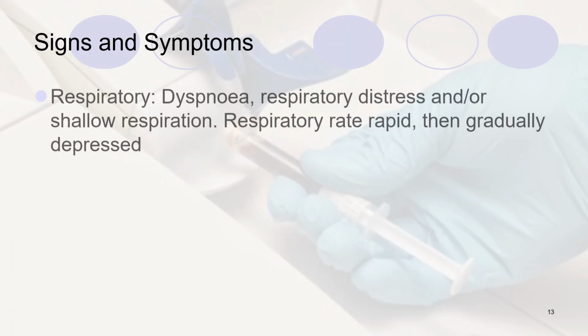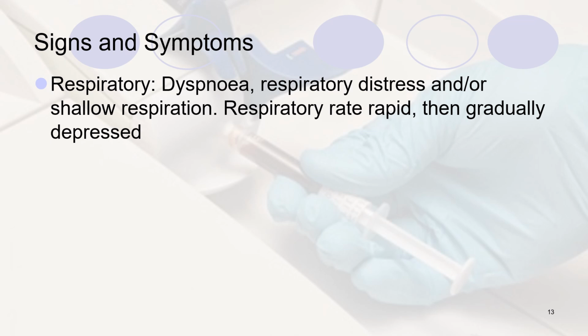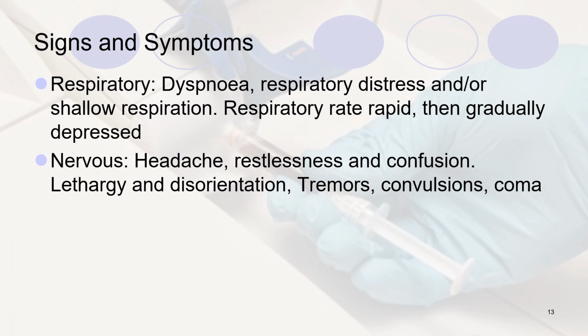The signs and symptoms are, in the respiratory system, the patient has dyspnea, respiratory distress or shallow respiration. The respiratory rate will show tachypnea and gradually become depressed. In the nervous system, patients have headache, restlessness, confusion, lethargy and disorientation, tremors, convulsion and even coma.